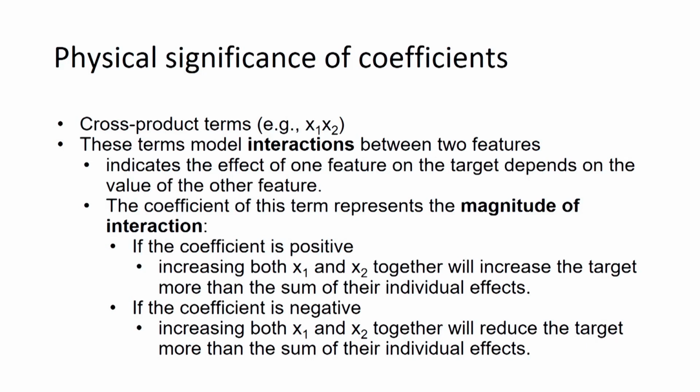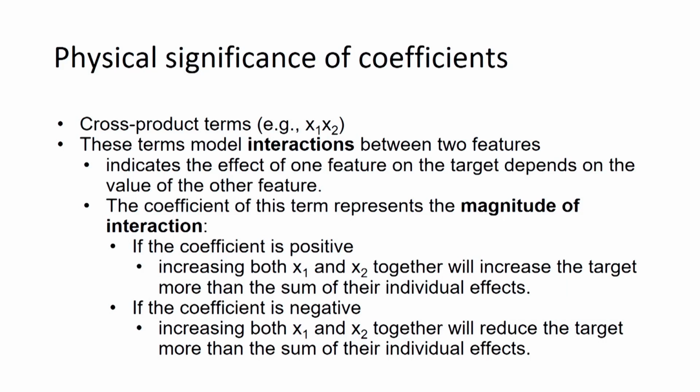This x1 x2 term is giving you the interaction between the two features x1 and x2. So we can say that this term is giving the relationship between the dependent variable and the interaction of x1 and x2 together.